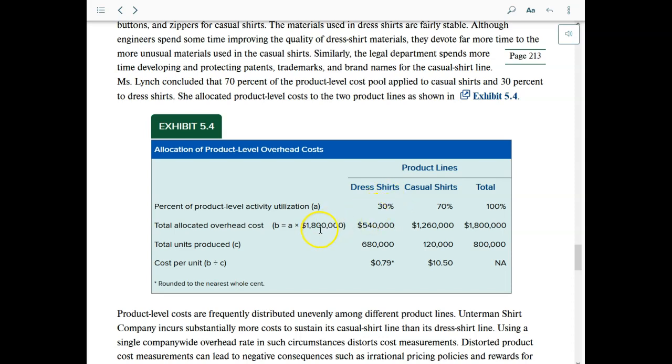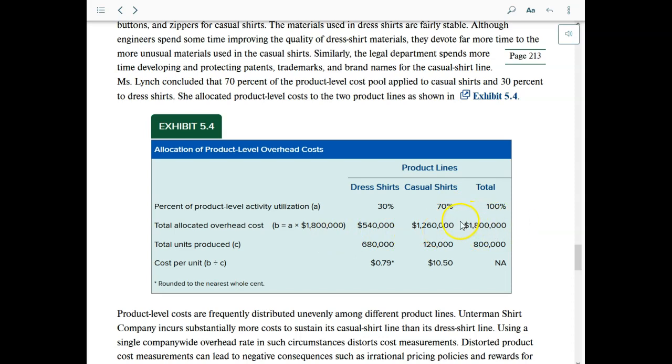So if we do this, we will take 30% times 1,800,000 and get $540,000 for the dress shirts. 70% times 1,800,000 gives us a lot more for the casual shirts, 1,260,000.